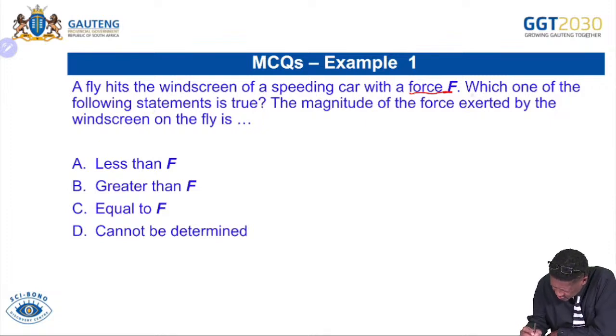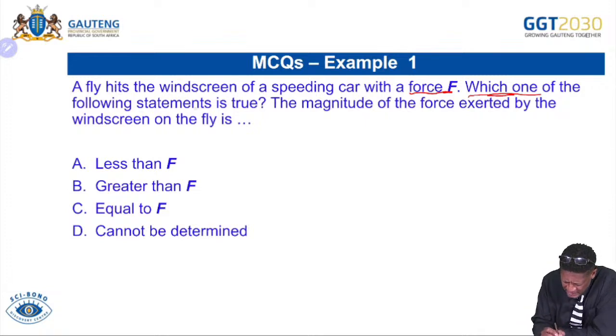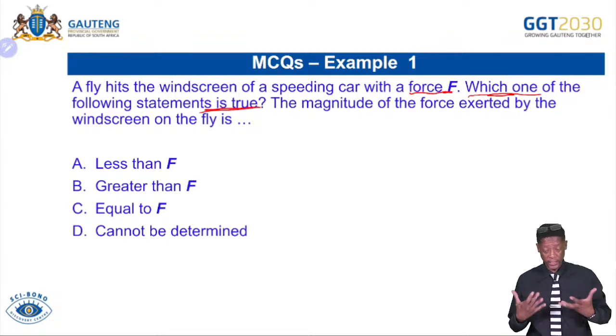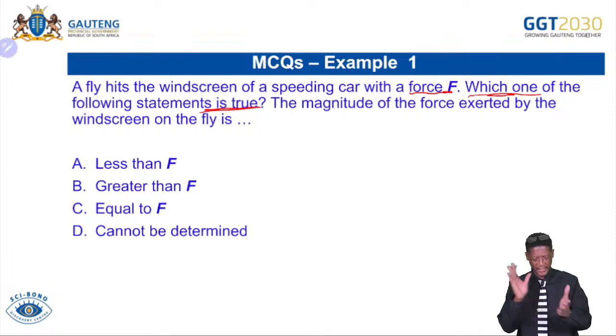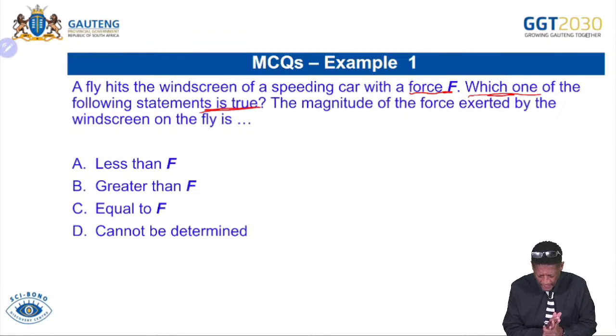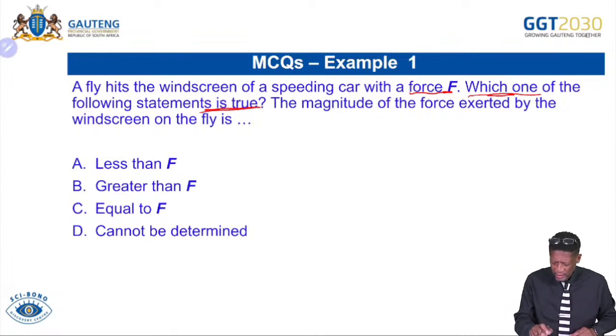Which one out of the 4 statements is true? Remember, we've got a fly that was flying and hitting the speeding car with a force F. Then which one is true?